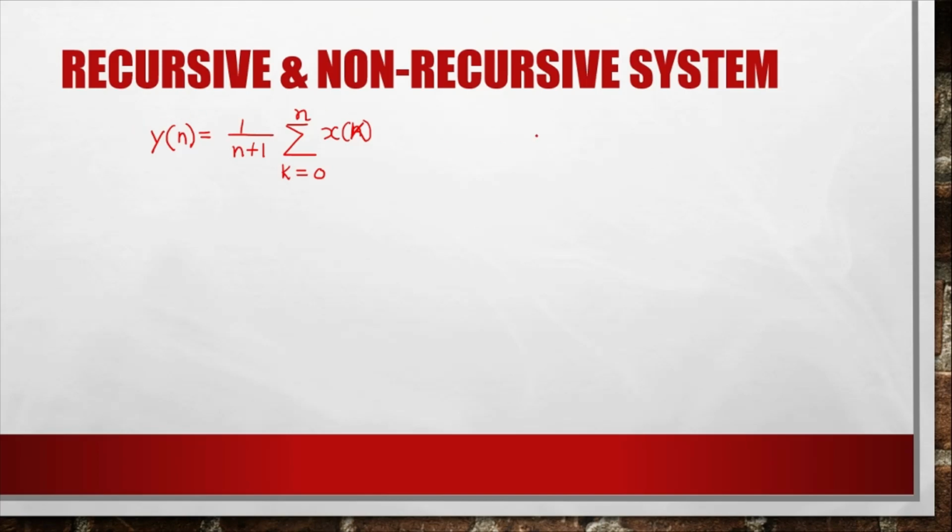I would like to show you that if I write this expression x(k) in a way where I take the last value of k. What is the last value of k? The minimum value of k is 0 and the final value is n. I am taking n separate from the summation sign.